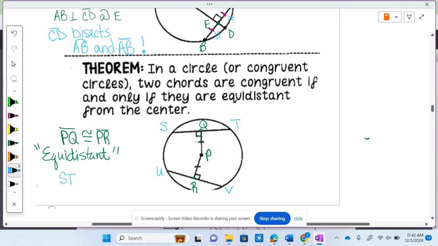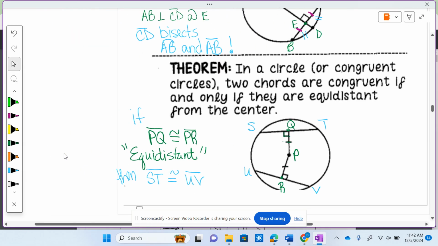So ST is congruent to UV. That's what it means. So if this happens, then this is true. What does it say that's then? It says then. THEN. Sorry.